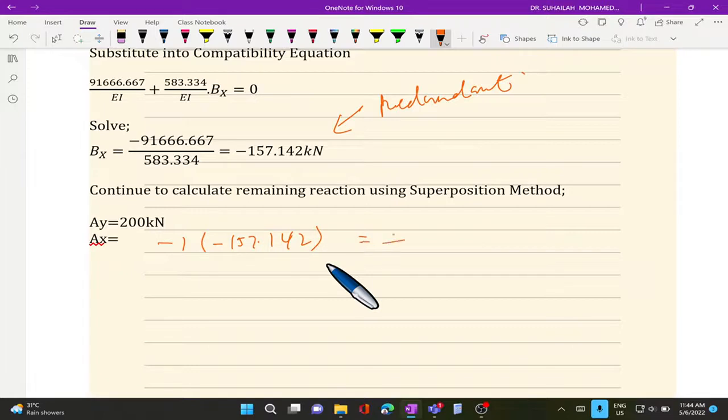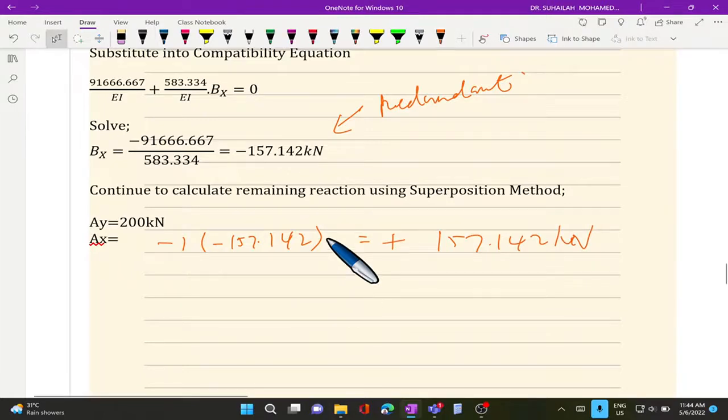So what we get is positive 157.142 kilonewton. Then we continue the same process until we get the 3 remaining reactions. So this is how we analyze a frame using the flexibility method.